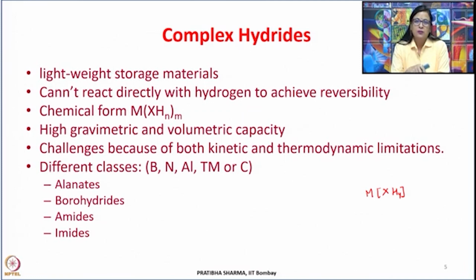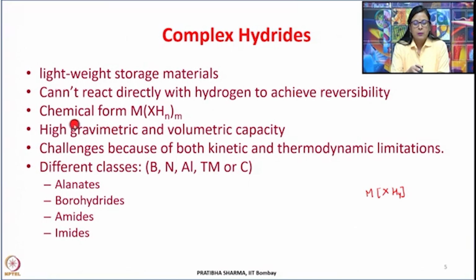However, the elements which are used for synthesizing complex hydrides, or which are present in the chemical formula of complex hydrides, are lightweight. As such, the gravimetric capacity of complex hydrides is higher, as well as the volumetric capacity. There are some complex hydrides which can even give 13 weight percent or 16 weight percent and even 18 weight percent of hydrogen storage capacity, and a higher volumetric capacity of even 150 kg per meter cube.